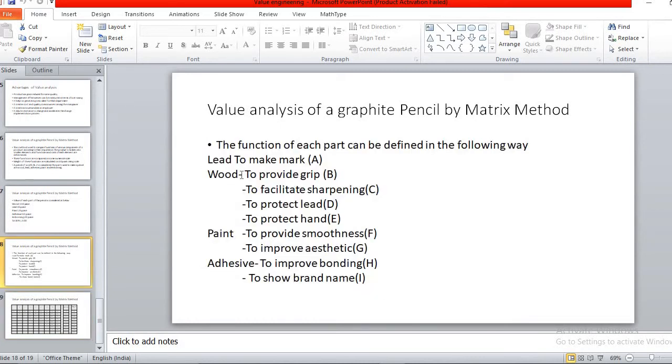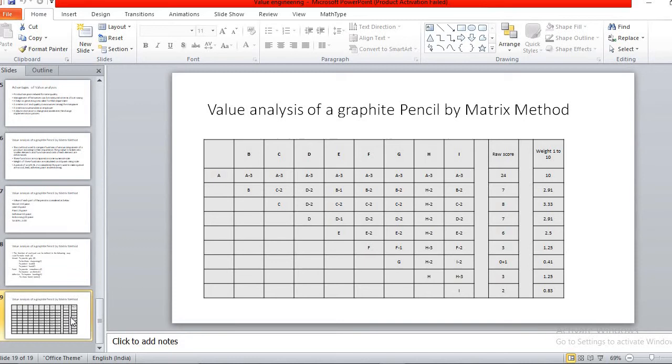If you look here, this A function is related to lead, and to make a mark. Make a mark is the major desirable function in this pencil. If that pencil doesn't make a mark, then it is not useful in any way. So it is a major function, make a mark.